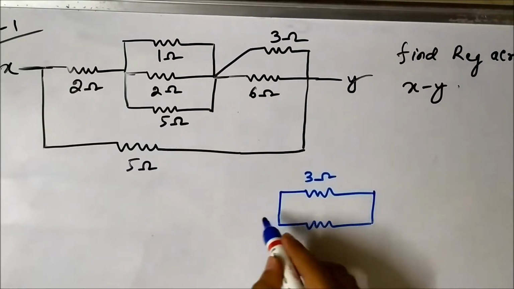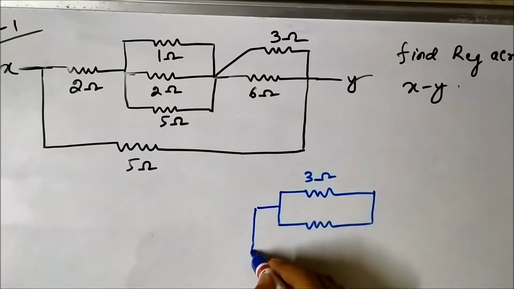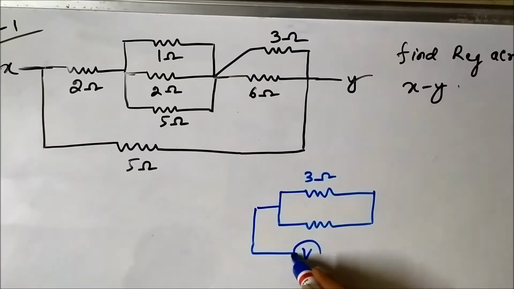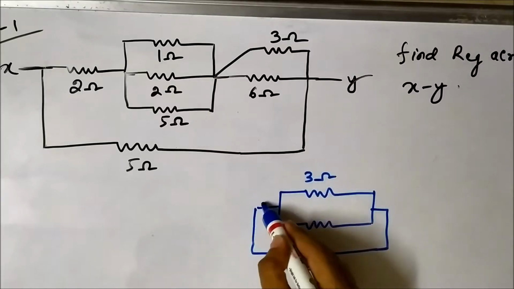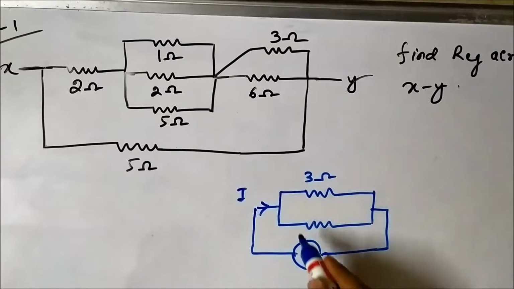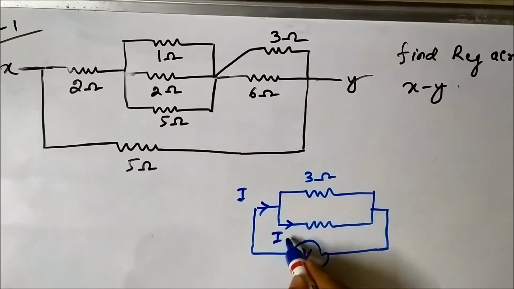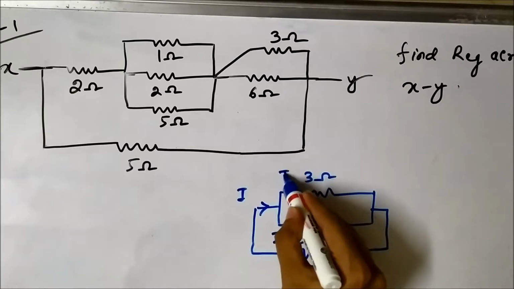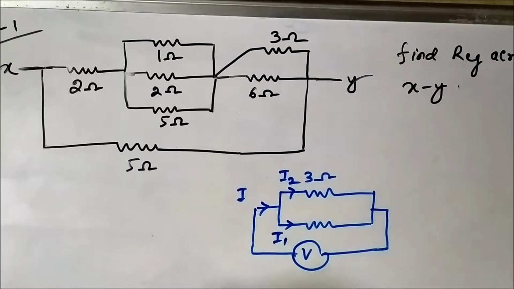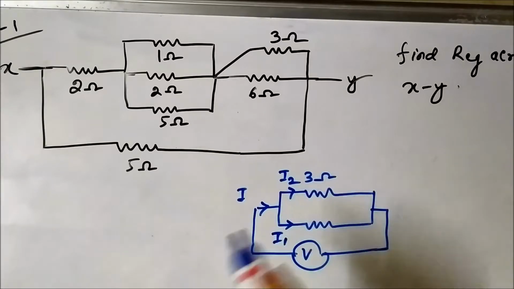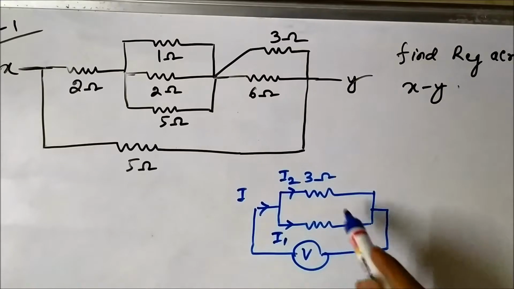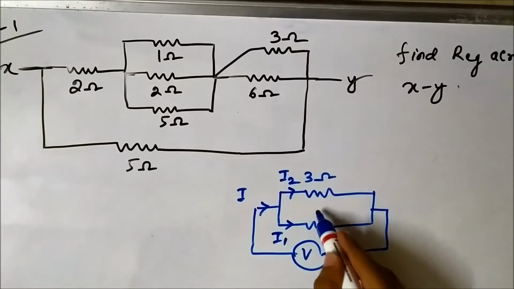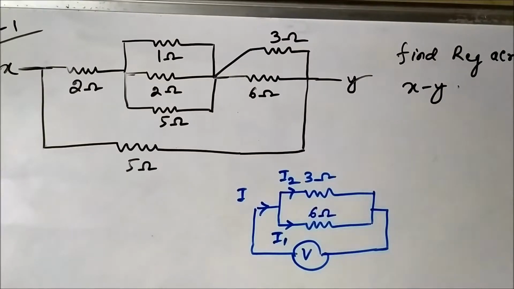Now if we connect a voltage source across it, and this is the total current, the current will get divided into, let's say, I1 and I2. It means that they are not in series, because in series the same current I would have flown through both the 3 ohm and the 6 ohm resistance. So it is not in series.